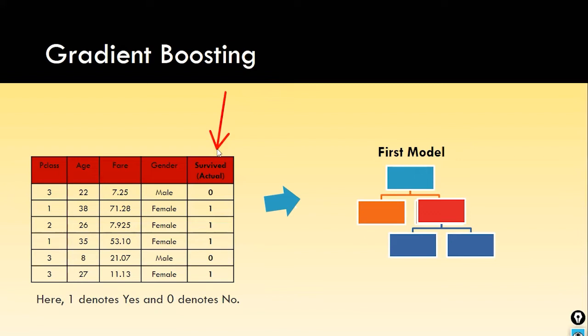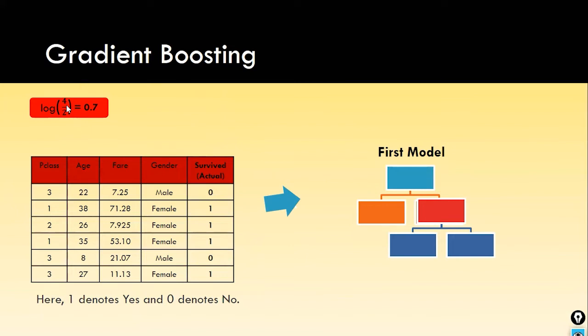This is usually the number of true values, values equal to 1, divided by the number of false values, values equal to 0. Here we have 4 true values and 2 false values in our target attribute. If you plug this into our formula, it is log of 4 divided by 2. Here the 4 is survived and the 2 is not survived.